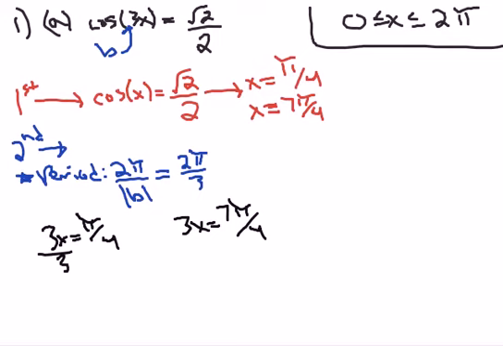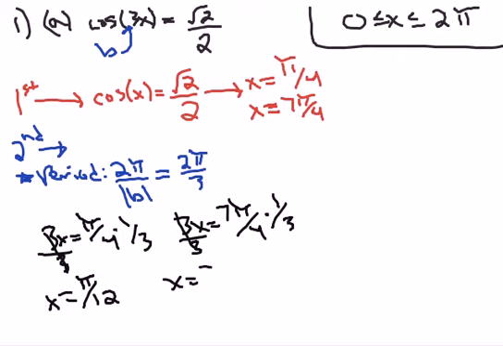Then I solve for x by dividing by 3, which is equivalent to multiplying by a third. So I get pi over 12, and on this side I get 7 pi over 12. Those are two of our answers. I'm going to make a running list of our answers.